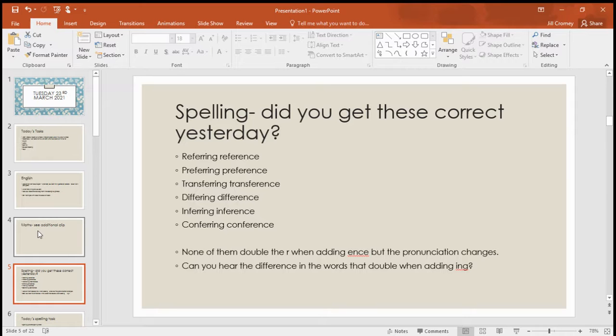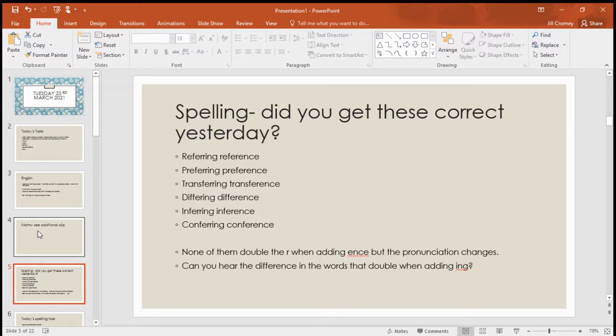No, we don't. It sounds different. Differing. You don't stress that fur in there. Inferring. You say inferring, don't you? Don't say inferring. You say inferring. So you double the R. Conferring. You stress the fur, so you double the R.